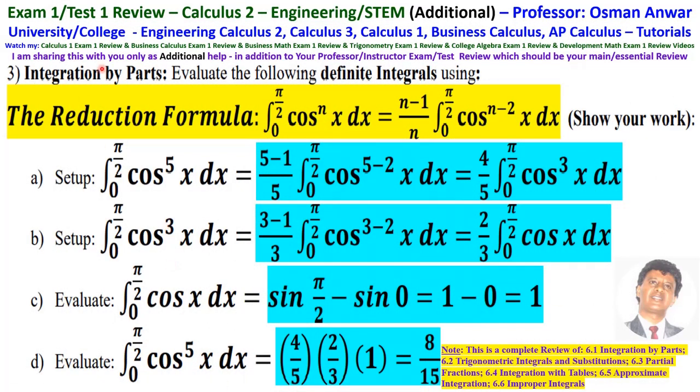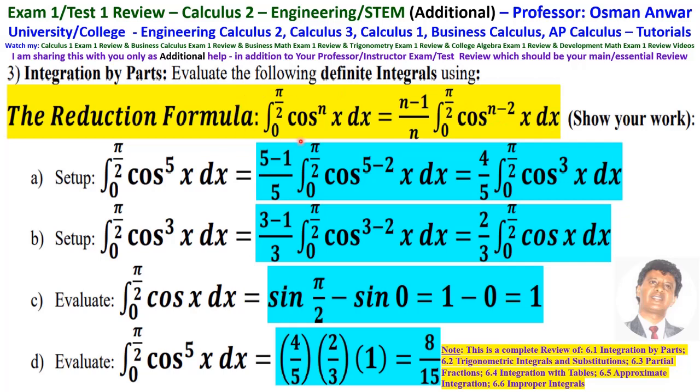Number 3 is integration by parts. It is a reduction formula. The integration of cosine to the n x dx from 0 to pi over 2 is equal to n minus 1 over n times the integration from 0 to pi over 2 of cosine to the n minus 2 x dx.